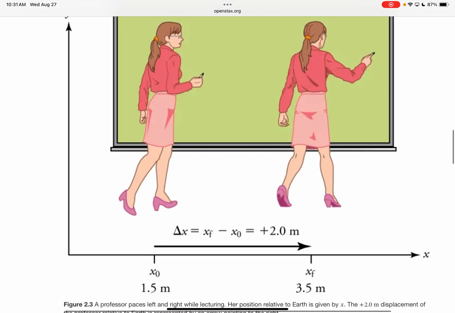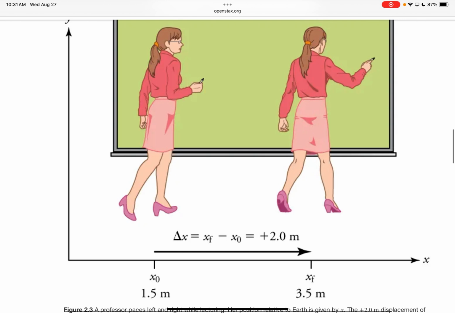Then they show that being calculated in this image with the initial position being 1.5, the final position x sub f being 3.5, and you subtract the two. 3.5 minus 1.5 gives us a positive displacement of 2. That's why it's important to have x sub f minus x sub 0, not the other way around, because now you get a positive direction.